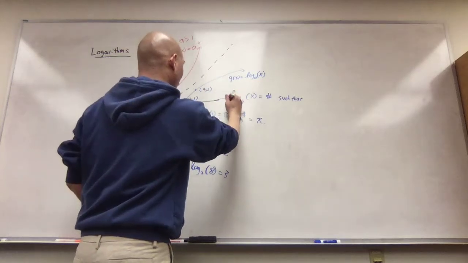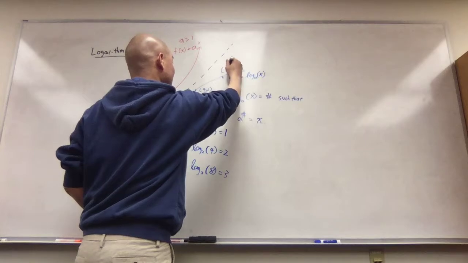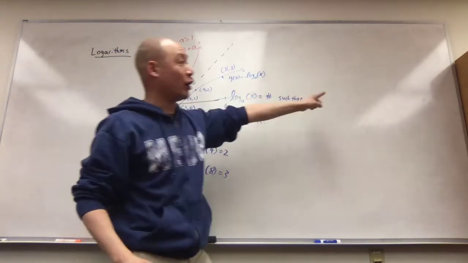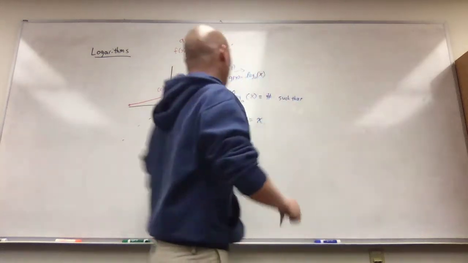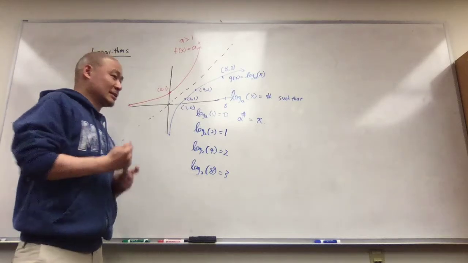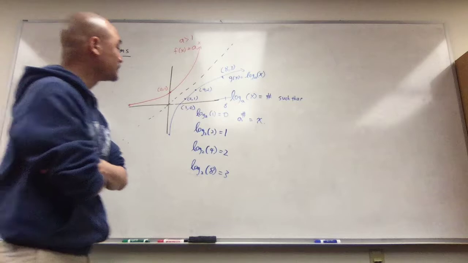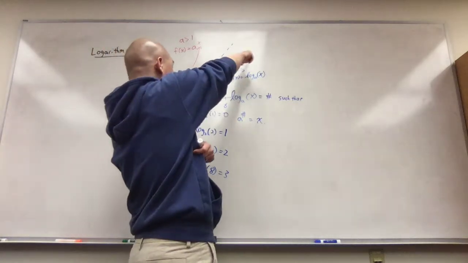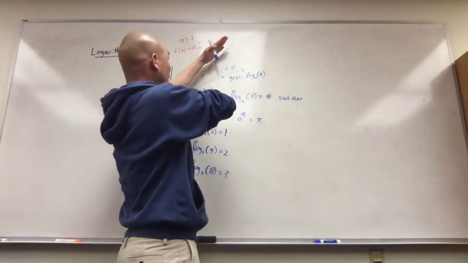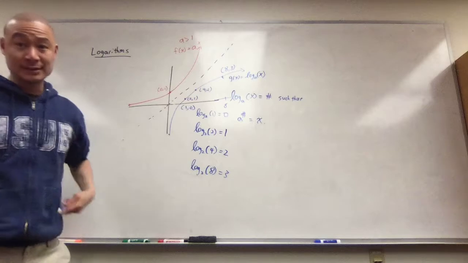And then I have to go forward all the way to 8 to get to 3. And then I have to go all the way out to 16 to get to 4, and all the way up to 32 to get to 5. So we can see this thing is increasing, but it's slowing down as it rises. And so that gives us this curve that rises, but it rises slowly. It doesn't rise like a straight line. It's stretched out in this way.